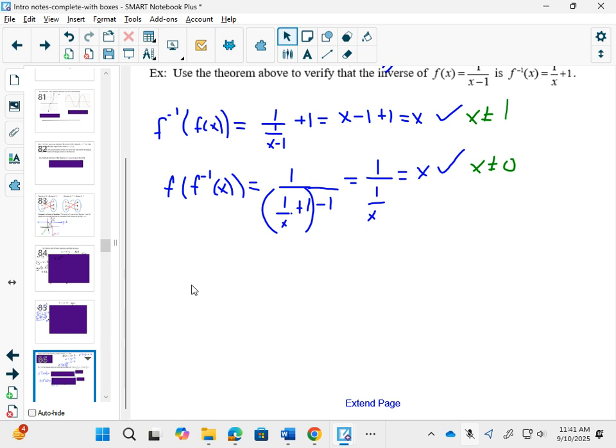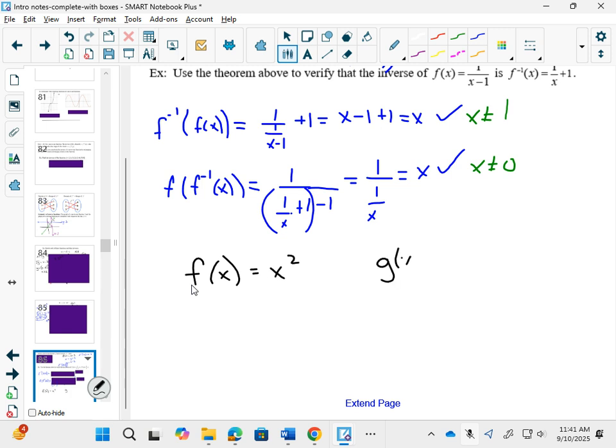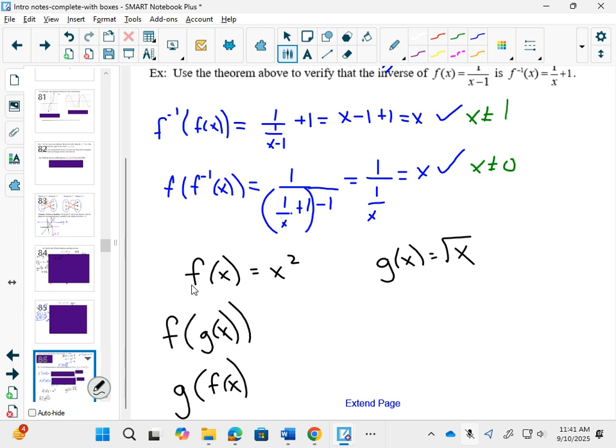And just for fun, to prove that this is not quite perfectly the inverse, if f of x is x squared, and g of x is the square root of x, and I ask if they're inverses, then I could ask, what is f of g of x, and what is g of f of x?